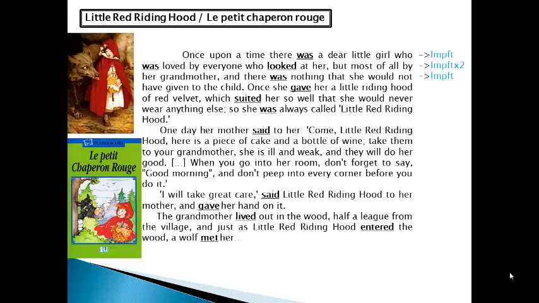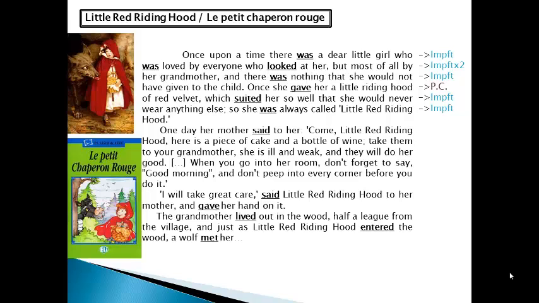You're going to put passé composé. She gave her little Red Riding Hood. She gave her a little Red Riding Hood of red velvet, which suited her so well, imparfait, that she would never wear anything else. So she was always called Little Red Riding Hood.